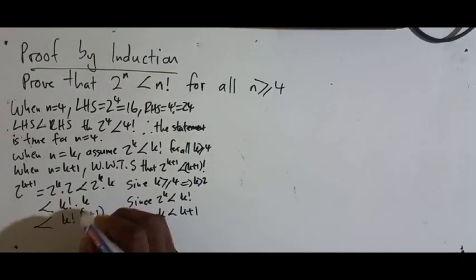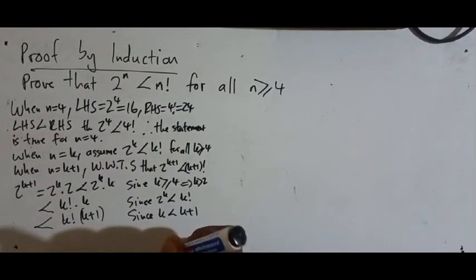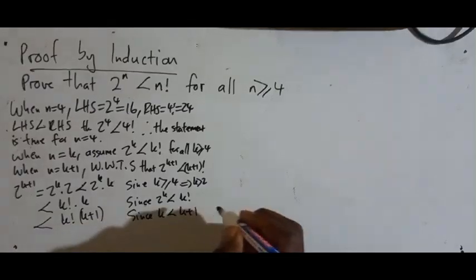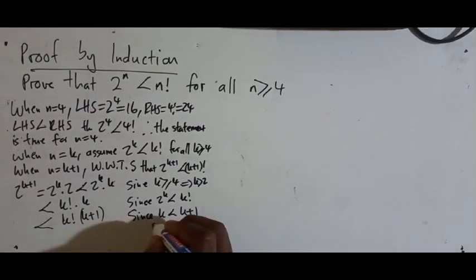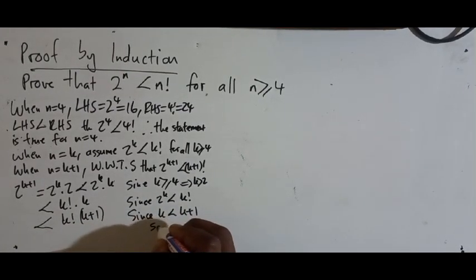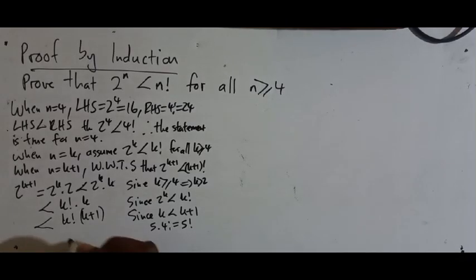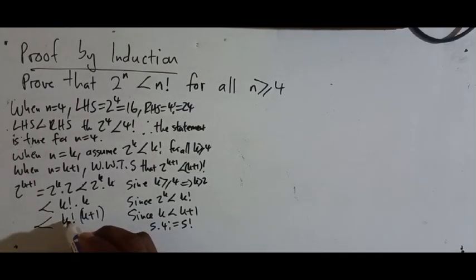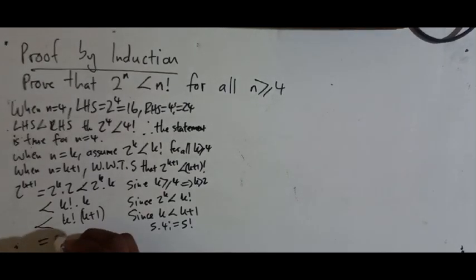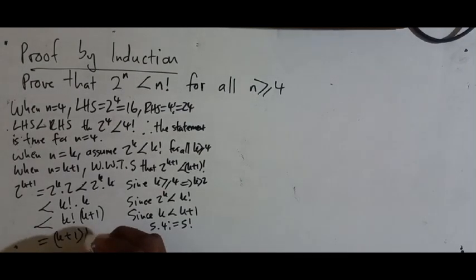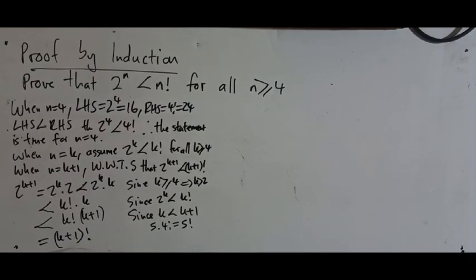So where there is k, we replace it with k plus 1. For example, 5 times 4 factorial equals 5 factorial. So here we have k plus 1 times k factorial, which equals k plus 1 factorial.